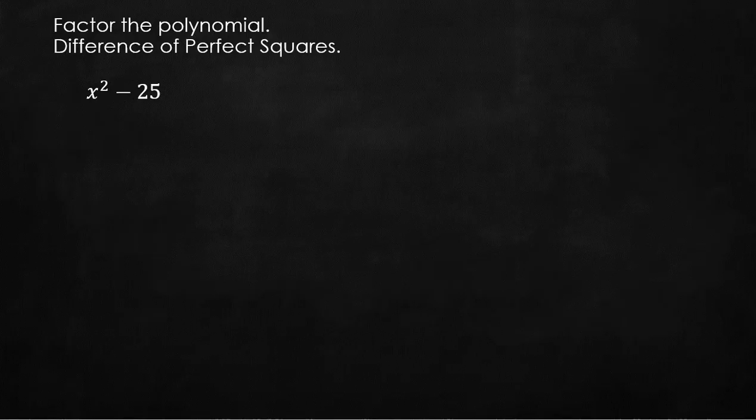So let's take a peek here at an example. To factor the polynomial, it is a difference of perfect squares. Looking at this, x squared is a perfect square because if you took the square root of x squared, well, you just get x. And if we take the square root of 25, not the square root of negative 25, but the square root of 25, you get 5. So these are both perfect squares.